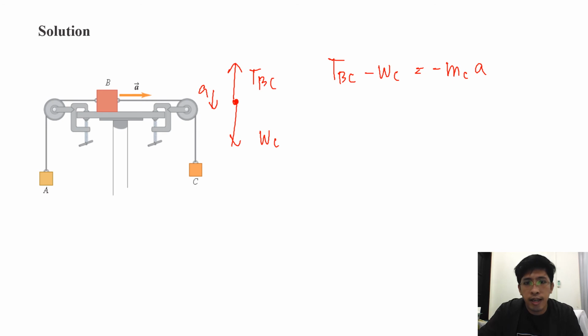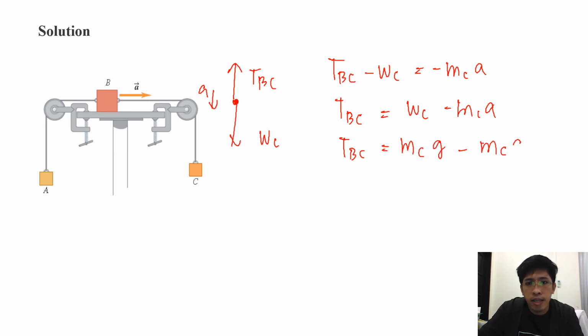Our target here is the mass C. So let's rewrite the equation. So you have TBC, and then you have weight C minus MCA. But your weight C, this is just your mass of C times G, and then minus MCA. So we take out the mass in the equation.